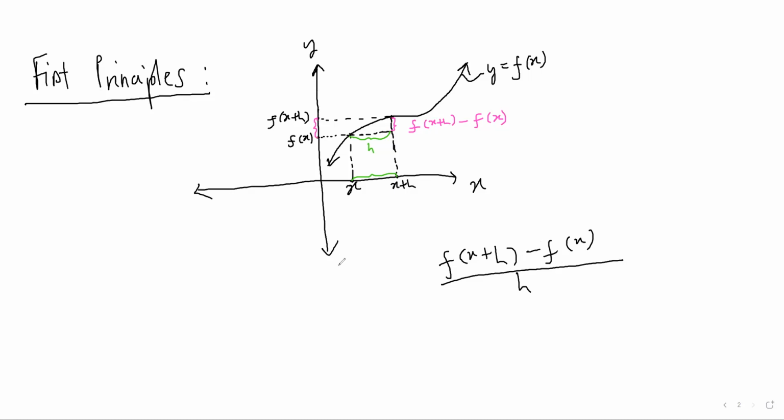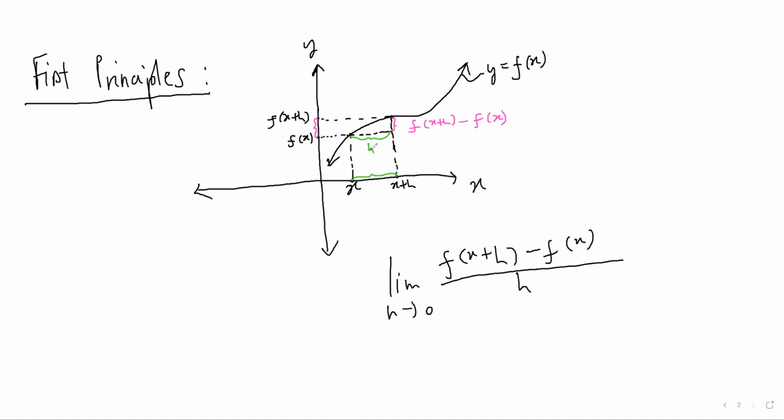So now, how do we find the derivative of the function using this information? Well, we simply get the limit of f of x plus h minus f of x over h as h approaches 0.